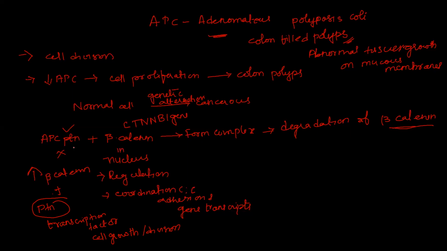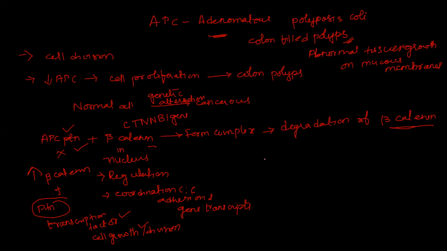But once this APC protein is defective or not present, the beta catenin level is going to shoot up. In that case, it will go and bind to some other protein in the nucleus to form a complex, and then it will bind to DNA and activate the transcription of the gene which controls cell growth and division.